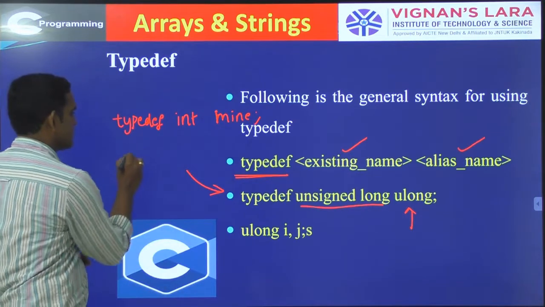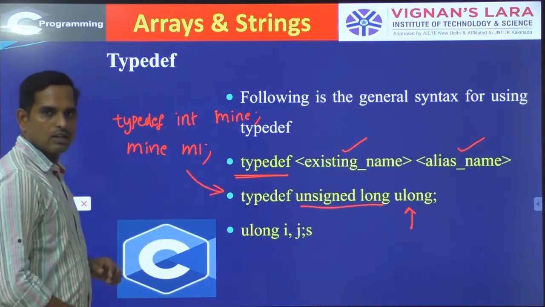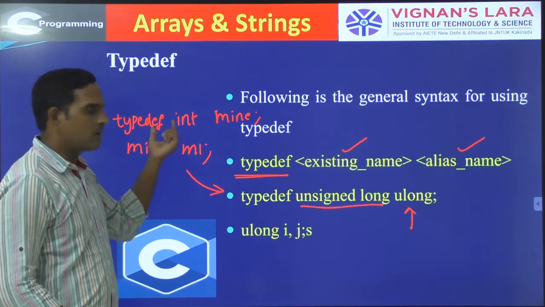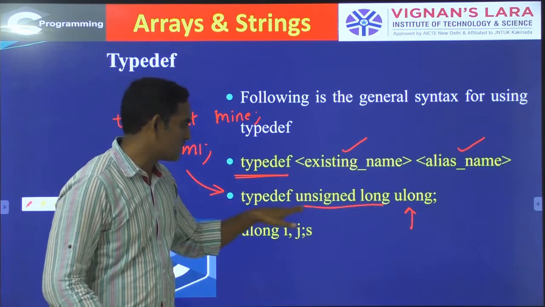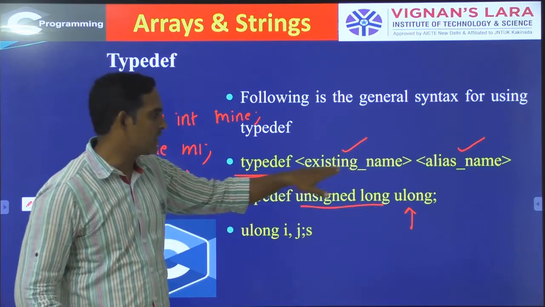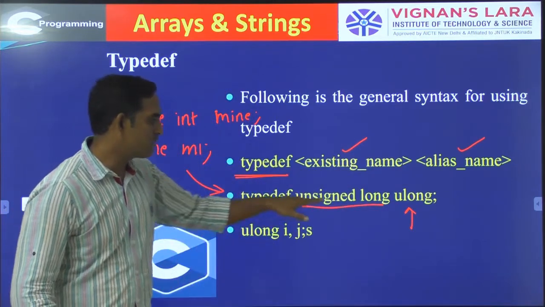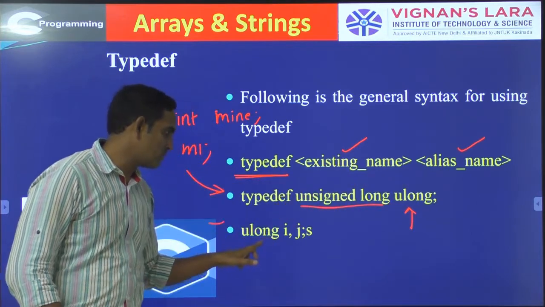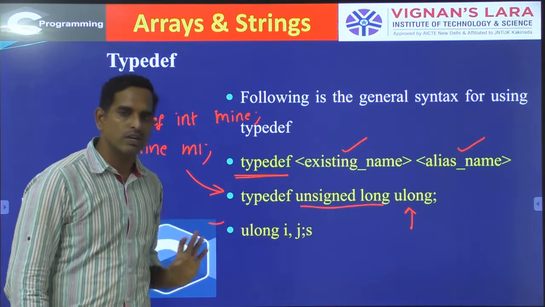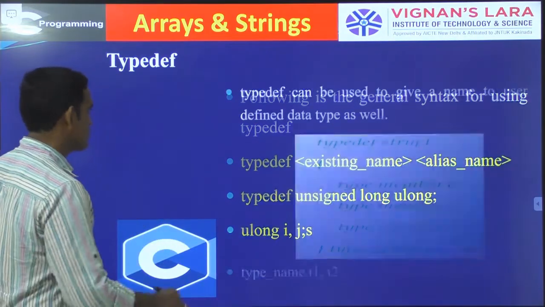Now I can create a variable m1, and m1 will be of integer type. In the same manner, you can create alias names for your existing names: Typedef your existing name and the new name. From that point of time you can use that new name to create your variables. So that is regarding your Typedef.